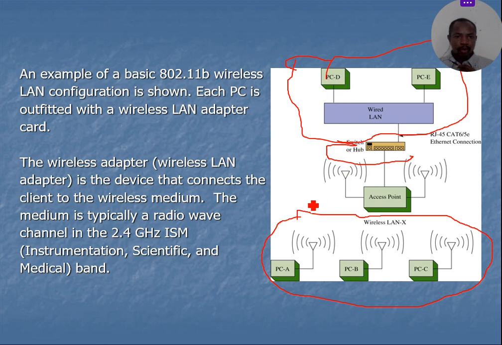Is that okay? The wireless adapter, found in every wireless LAN adapter, is a device that connects the client on the wireless media to the wired media. The media is typically a radio wave.